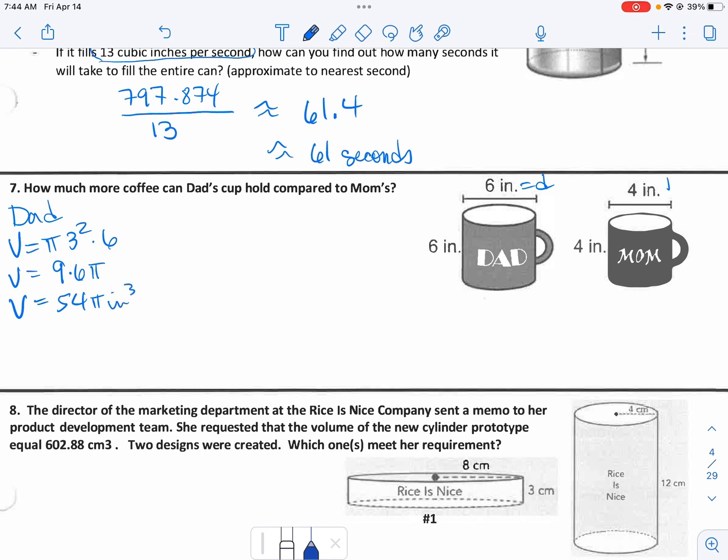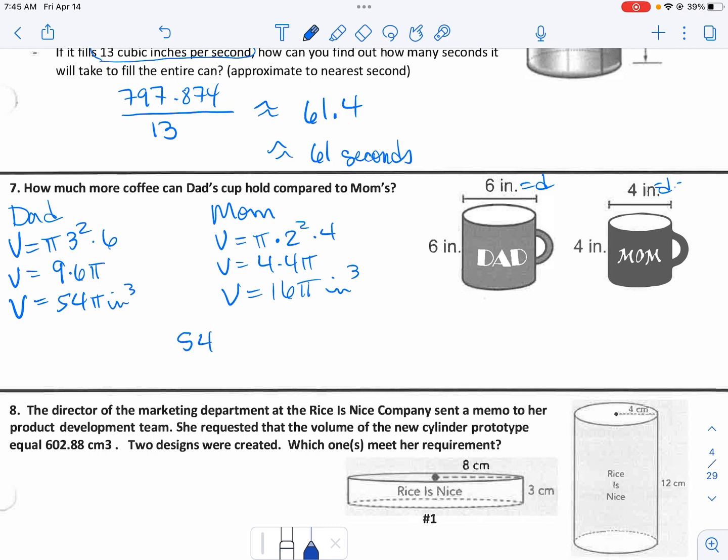Then this is also the diameter. So we need, okay, so pi, the radius on this is going to be 2 squared times 4. So that's going to be 4 times 4 pi. So it's going to get me 16 pi inches cubed. So how much more?